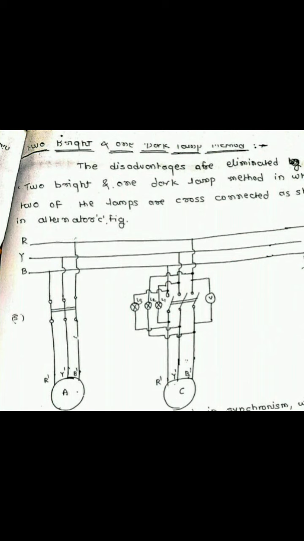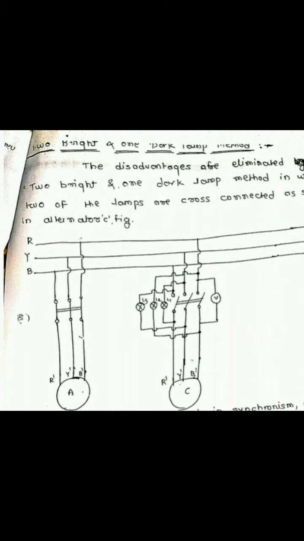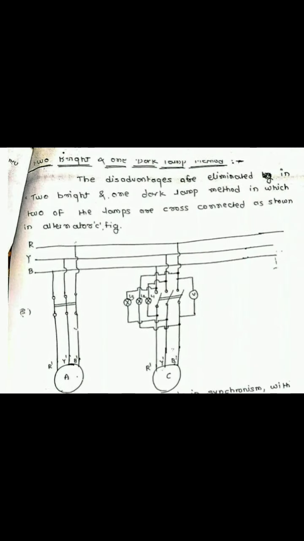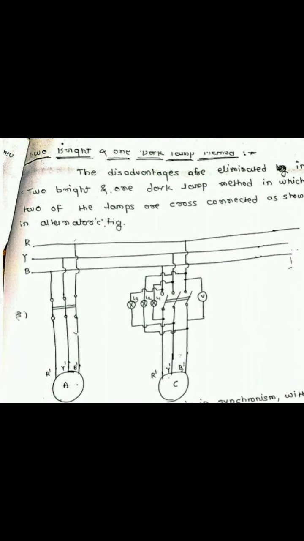When the frequency of the incoming alternator is the same as that of the bus bar, both rotate in space with the same angular velocity, so the potential difference across each lamp remains constant. So this method is called the two bright and one dark lamp method for synchronization.